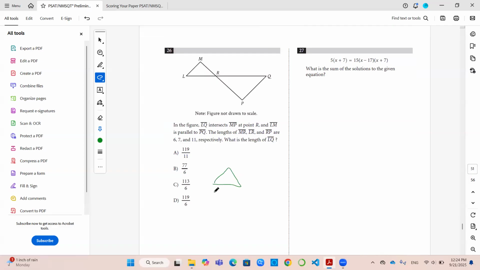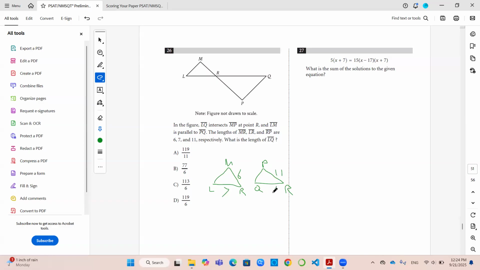So we have 6, 7, and LR and M, and we have Q, 11. I can find the relationship between QR and LR because these guys are similar triangles.